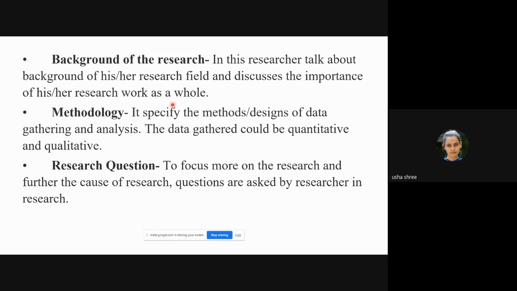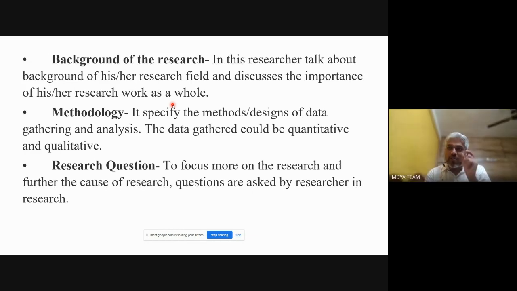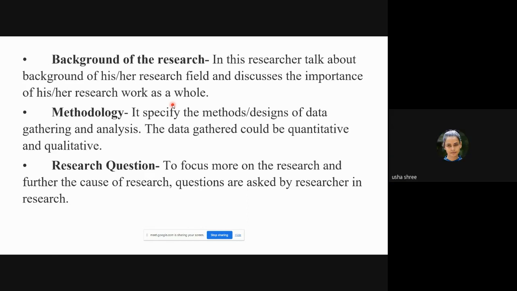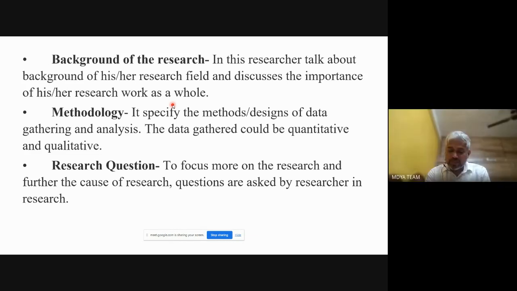So in case study research also we'll have populations, statistics and all those things. There will always be a sample. Without a sample, you cannot complete your research. In every kind of research, this is the case, sir.